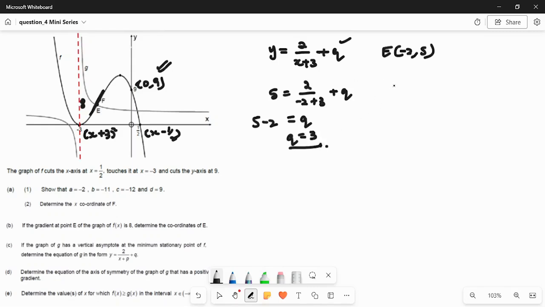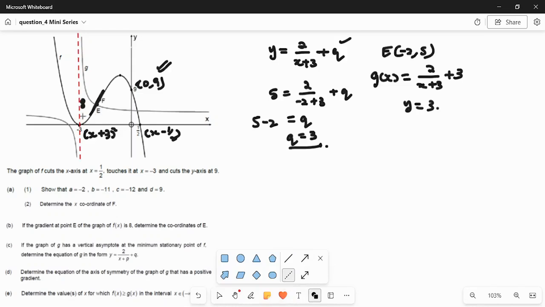So that means our function g of x is defined by 2 divided by x plus 3, plus 3. That means our horizontal asymptote is the line y is equal to 3. And where can we draw that line?